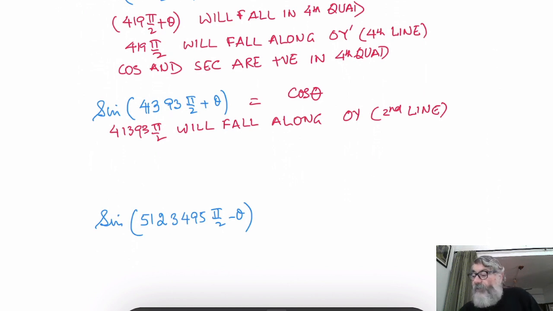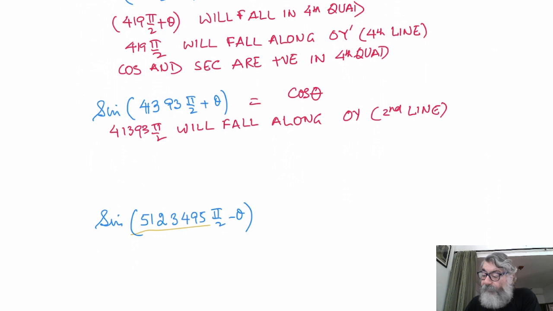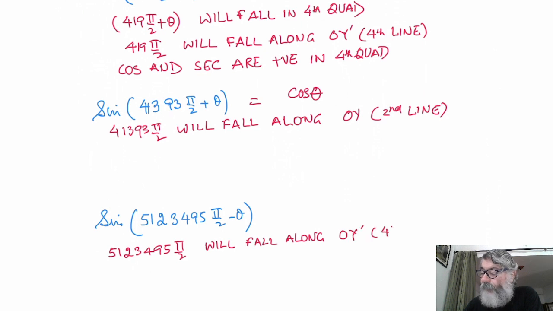When 3 is the remainder, that means 5123495 pi by 2 will fall along OY dash, the fourth line. This is very important.